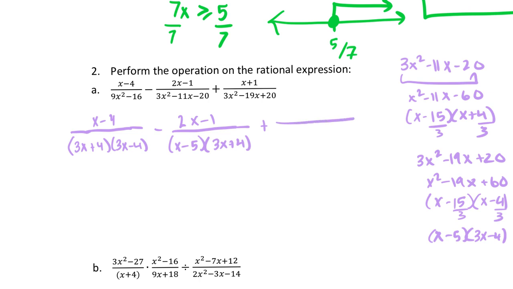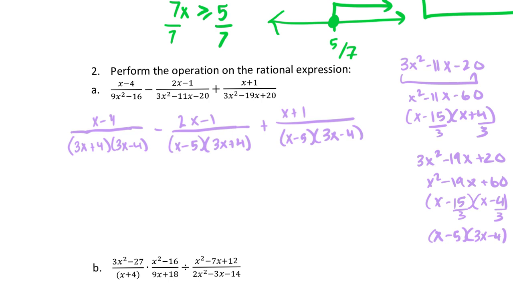So I'm going to rewrite this x plus 1, and I'm going to say x minus 5, 3x minus 4. So that might be the hardest part of these problems, is factoring the denominators. If you don't have factoring down, there are lots of resources to be able to factor. Come talk to me and I can send you in the right place.